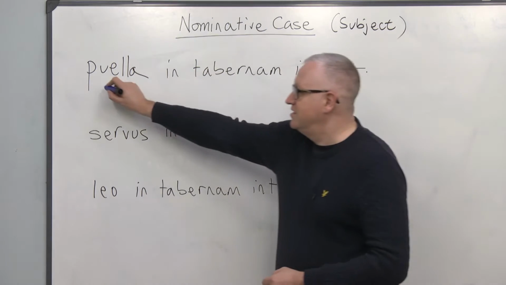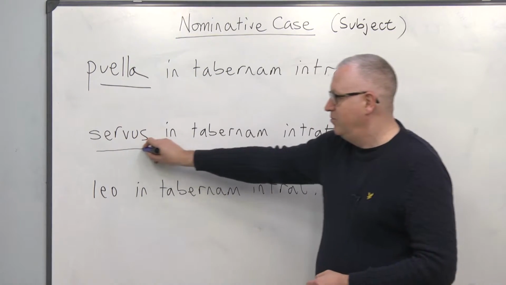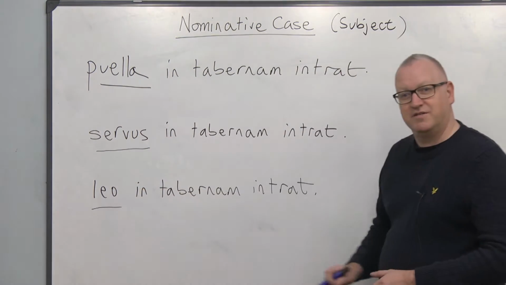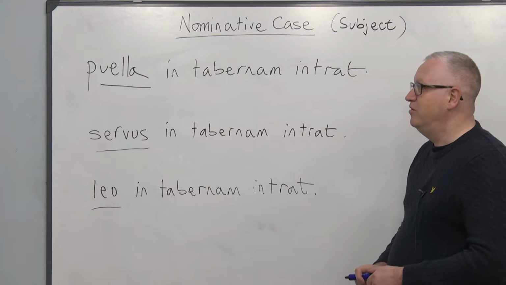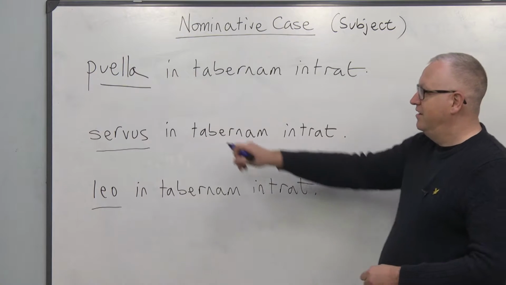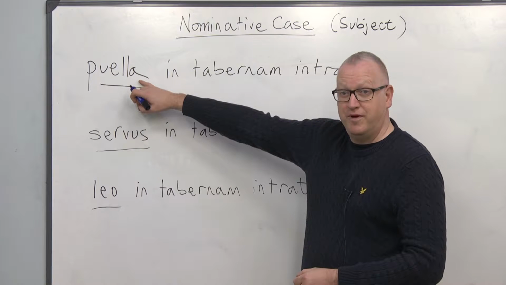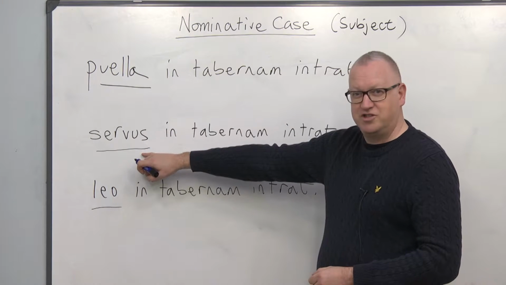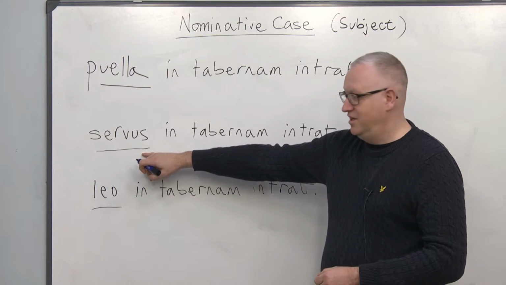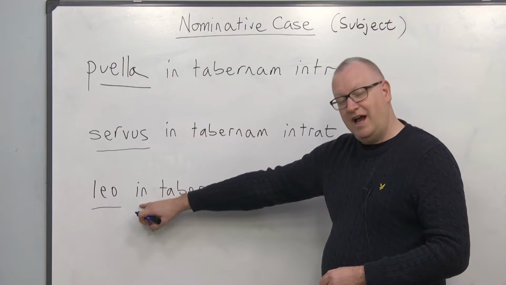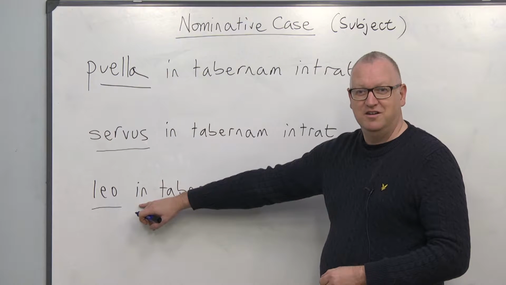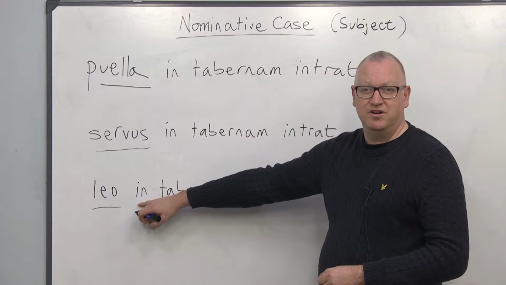Each one of these sentences starts off with a word which is the subject of the sentence and is shown by a particular ending. A, nearly all feminine words. Us, masculine words. And this word leo happens to be masculine, lions, but it could also be a feminine word.